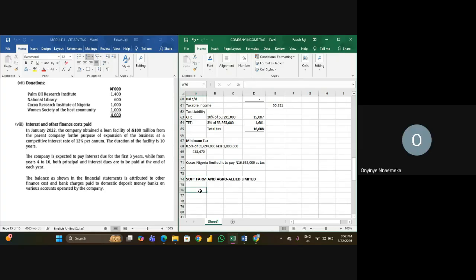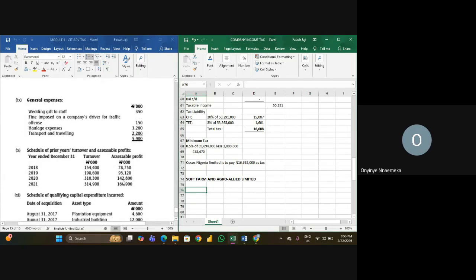No, they did not give us the interest paid in figure. They only gave you what you need to calculate it, which is the 12% of 100 million. So you are the one to calculate your interest and compare it with EBITDA. Remember that they did not even give you EBITDA. You are the one to calculate EBITDA by yourself. Let's continue.